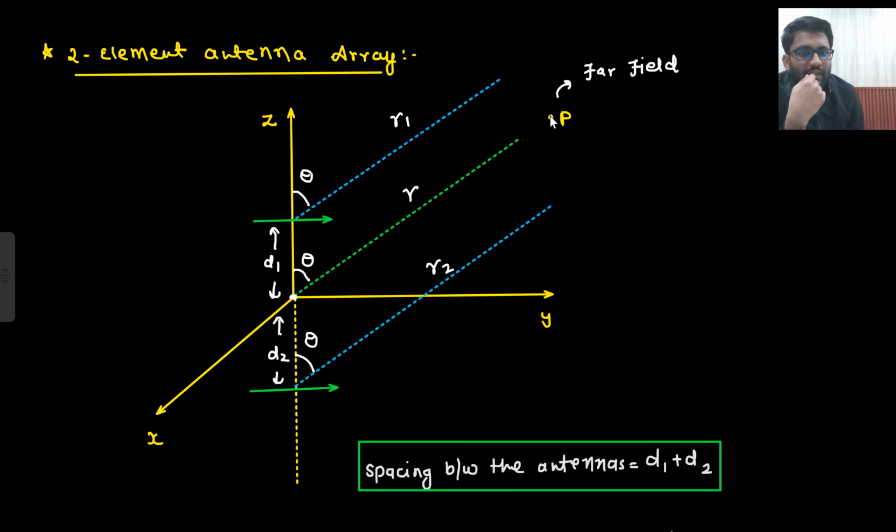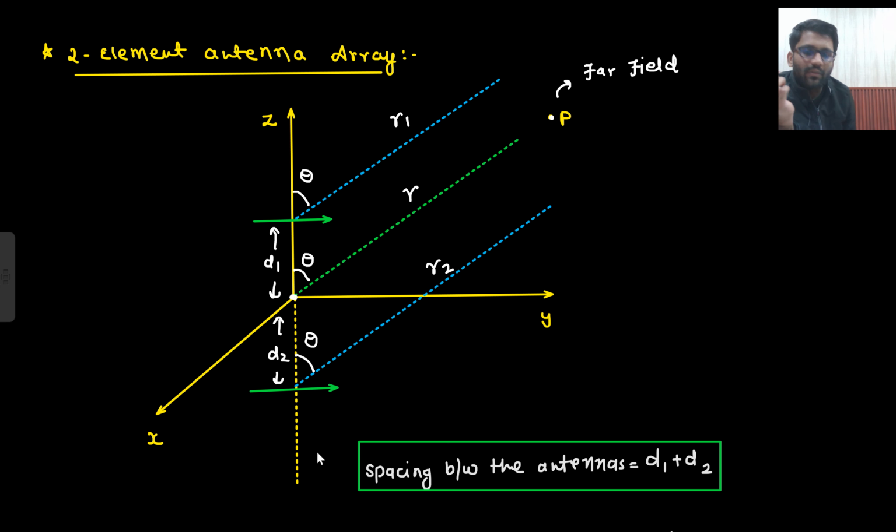Now I need to find the electric field potential at point P. One electric field will be coming because of this antenna, and another because of the other antenna. I forgot to write down the current.